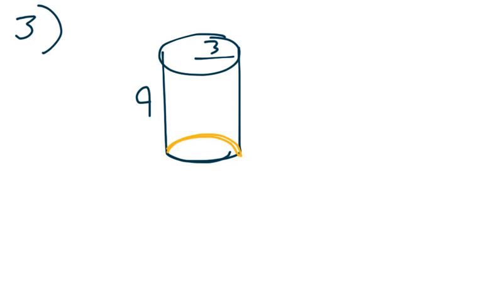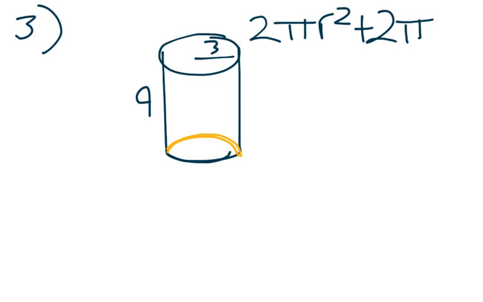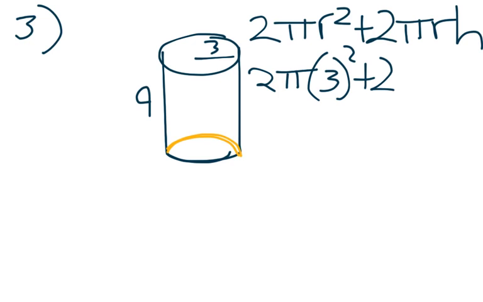So for number 3, once again, remember that the formula is 2 pi r squared plus 2 pi r h. The radius is 3, so instead of r, we're going to plug in 3. This r is also a 3, and the height is 9, so we're going to plug in 9 for height.